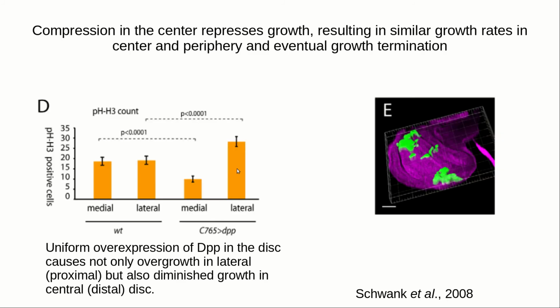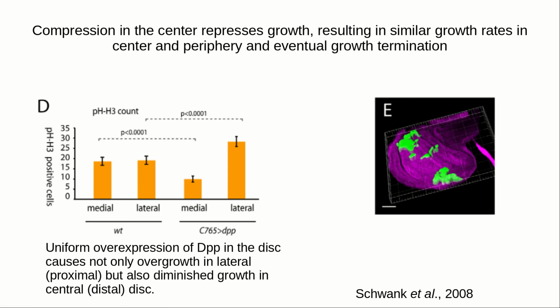Additionally, as we mentioned before, although cells in the central part of the disc grow faster in the first stage, later the growth rate of the distal and proximal part of the disc become equal or more or less equal. Okay, so how is this possible if Dpp expression is still higher in the center?